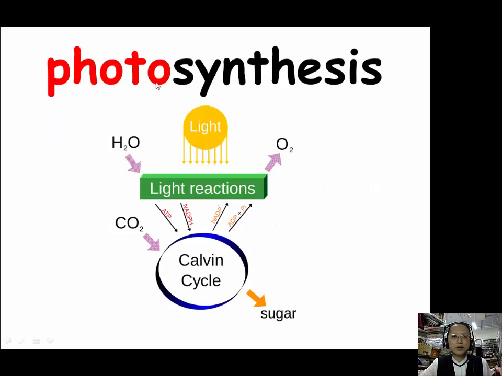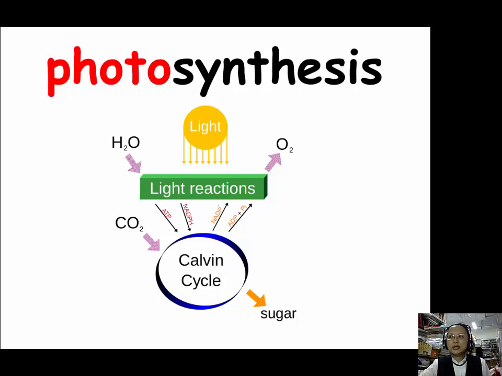Our next example is photosynthesis. Photosynthesis is a process used by plants and other organisms like cyanobacteria or some photosynthetic bacteria to convert light energy, normally from the sun, into chemical energy.